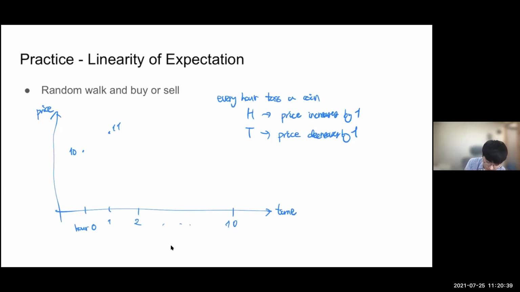So for instance, if you've chosen to buy one stock at hour 0 at 10, so you've bought one here, and let's say that you tossed a head and you decided to sell one at hour 1, then you'll make a net profit of 1. Well, let's say $1.